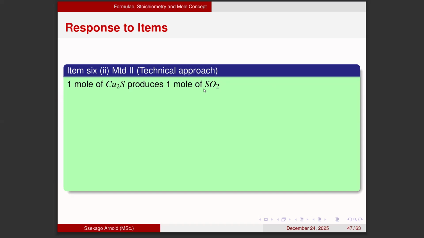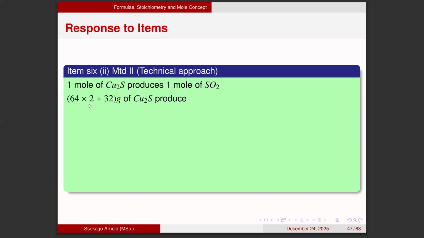However, for sulfur dioxide, let me first substitute for copper(I) sulfide. So we substitute 64 times 2 plus 32. This is the RFM of copper(I) sulfide. 160 grams of copper(I) sulfide produce 1 mole of sulfur dioxide. Now for sulfur dioxide, we are interested in volume.